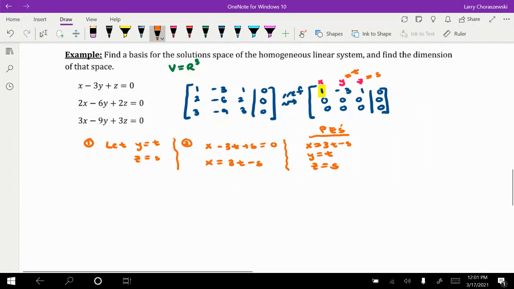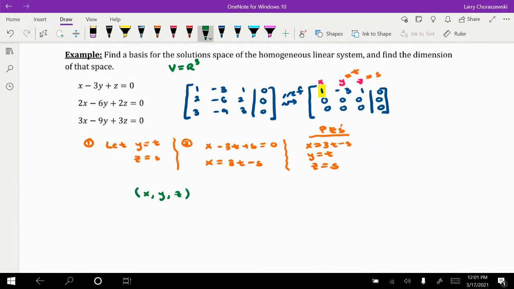Now we're going to go further. A general solution to this, and this is something we did not too long ago, could be written as a vector with these three components x, y, and z.